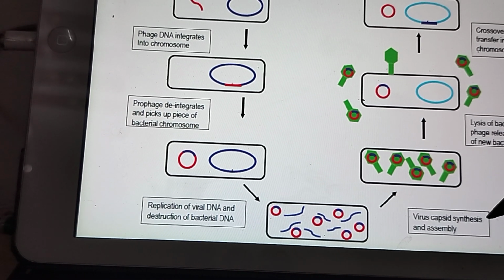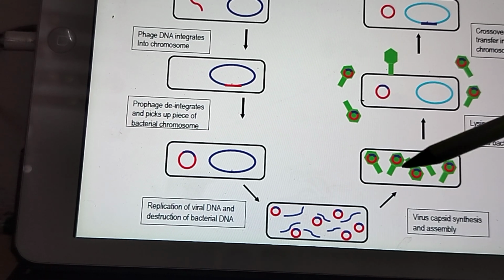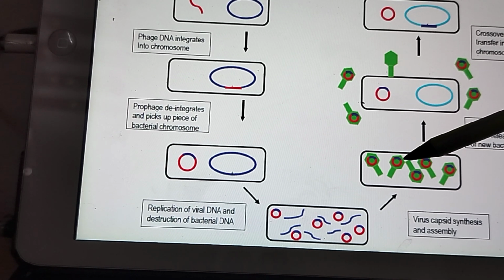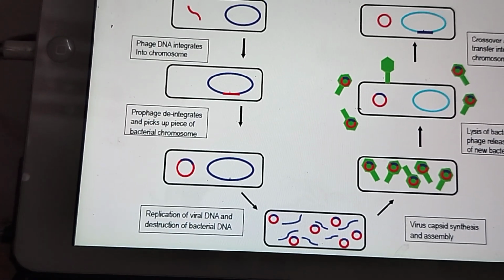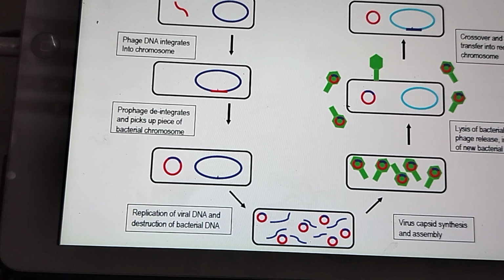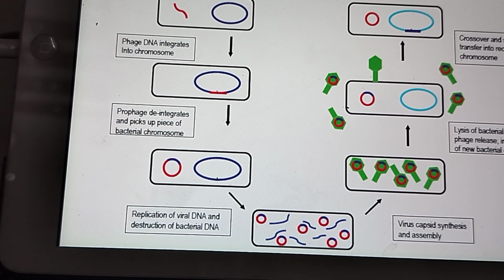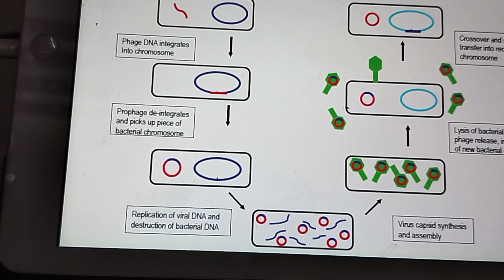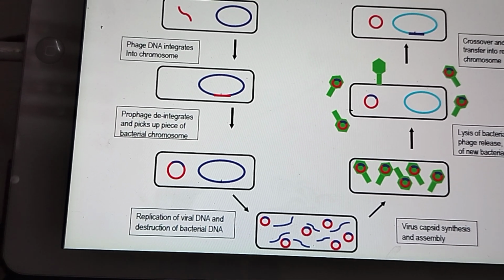So here we have this integrated bacterial genome along with the viral genome. Now comes virus capsid synthesis and assembly. The next step is the synthesis of the viral protein along with the capsid, which encloses this new recombinant viral genome, which consists of a few fragments of the bacterial genome as well. So upon induction, the DNA becomes free, containing a small segment, about 5 to 10% of the bacterial chromosome. It multiplies and disintegrates the bacterial chromosome.